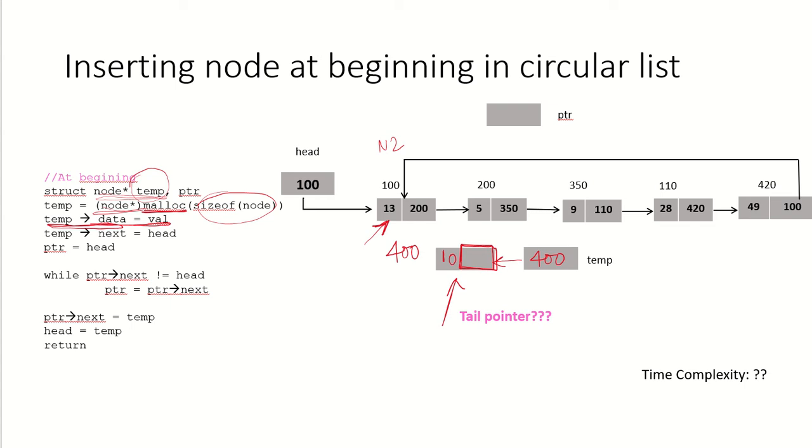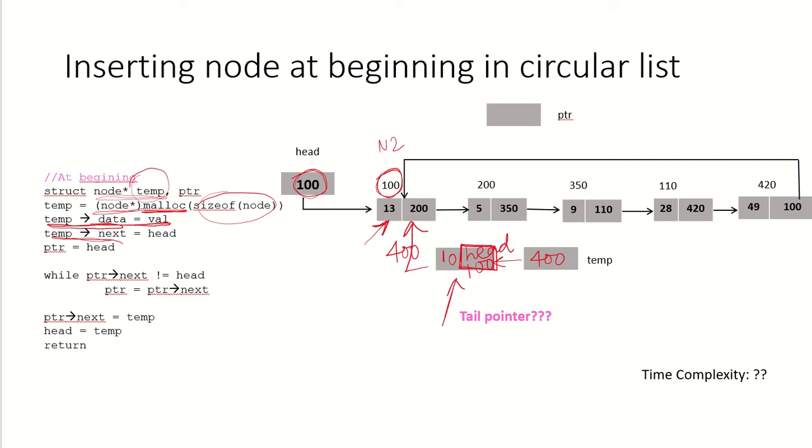So where is the address of this first node available? It is available in the head pointer. So we will update temp arrow next to head. So this would become the head part and it will have 100 value. So this node will start pointing to the current first node.